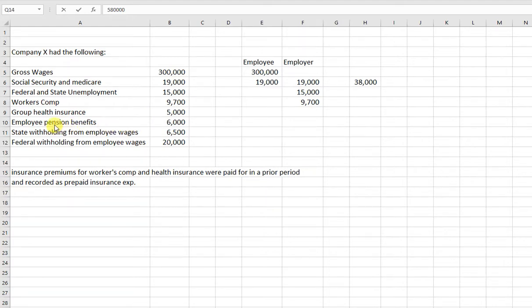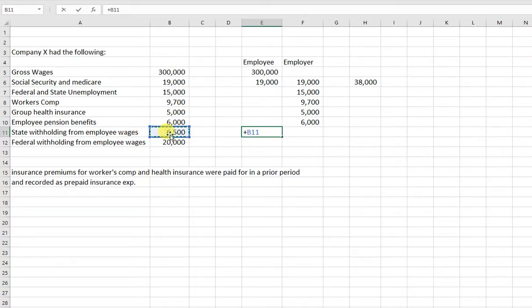If it's a profit sharing or a 401k, sometimes that can be withheld from the employee's wages. So you kind of have to be told. Sometimes the employee pays a portion of the group health insurance and the employer pays the rest of it. I believe these homework assignments say that the employer pays the health insurance and the pension, although in reality you have to be told.